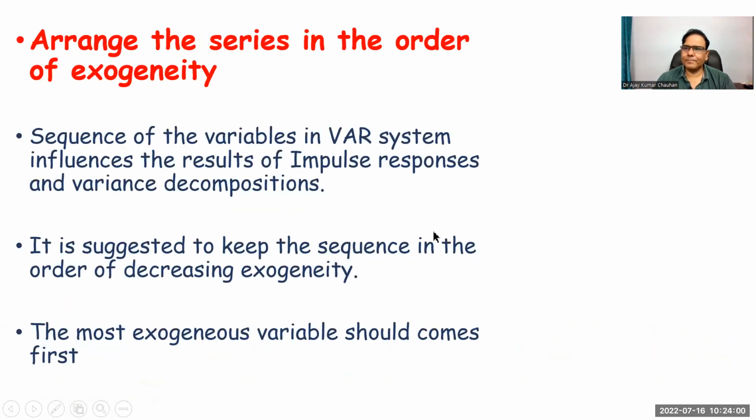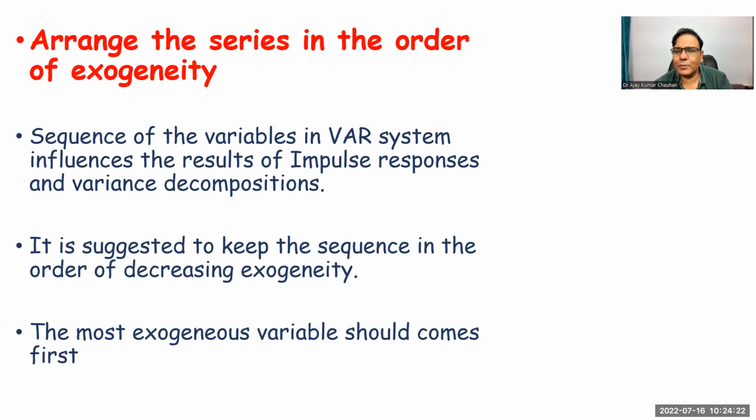Now the second step. After identifying the model, this is a very, very important step, and researchers avoid this step in most cases: the ordering of the variables. Ordering means sequence.